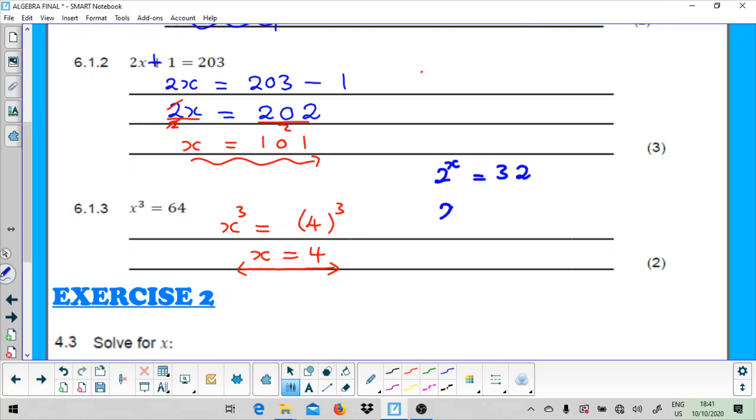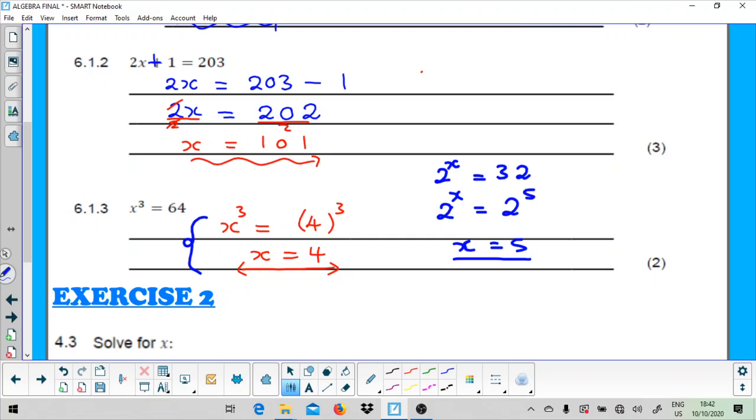Here I can make the bases the same, like this. 32 can be written as 2 to the power of 5. So I can easily now, because the bases are the same, equate the exponents. So here the exponents were the same, and here on this one I equated the bases. So it works like that with exponential equations, so just watch out whatever it is that you have.